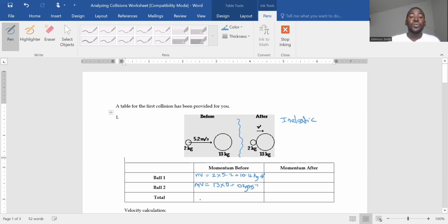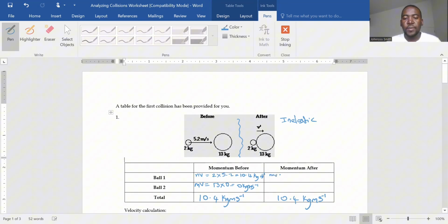Therefore, the total momentum before would be just the 10.4 kilogram meters per second. So what we know is that after collision, the total will always have to be 10.4 in this case. But let's examine the momentum after collision for the two.